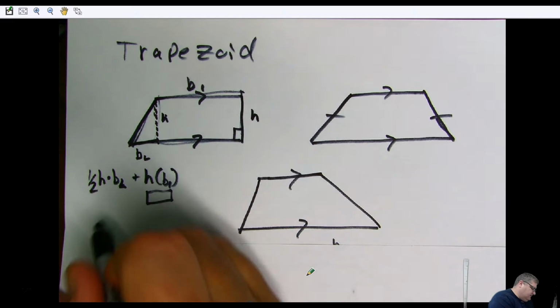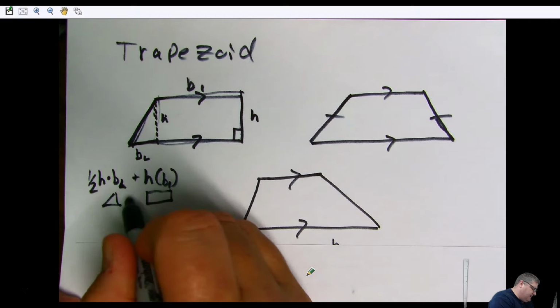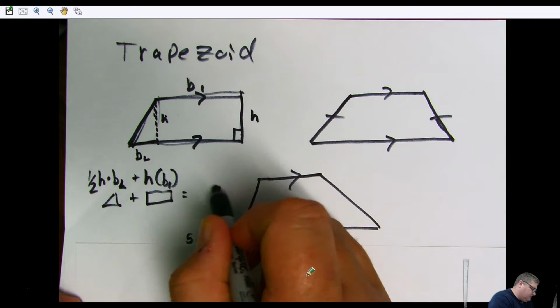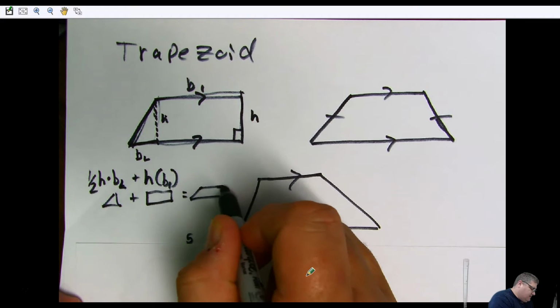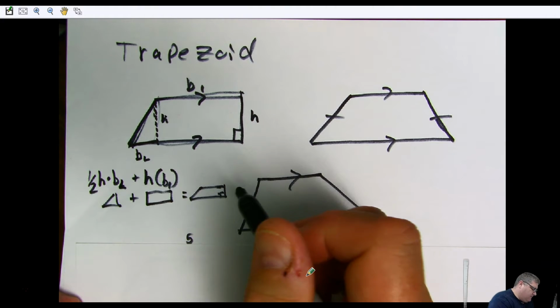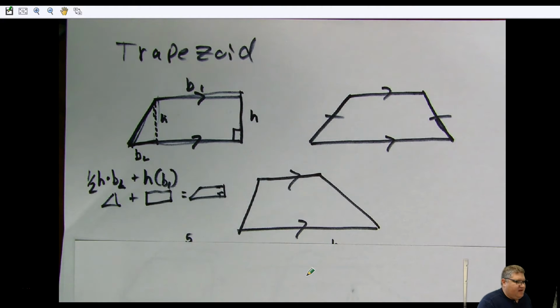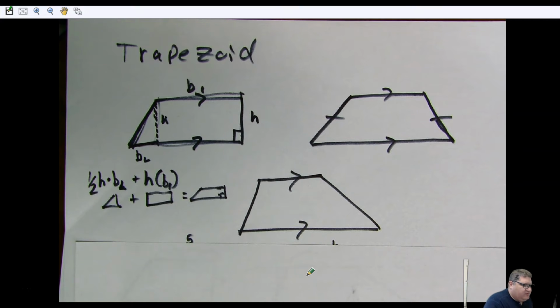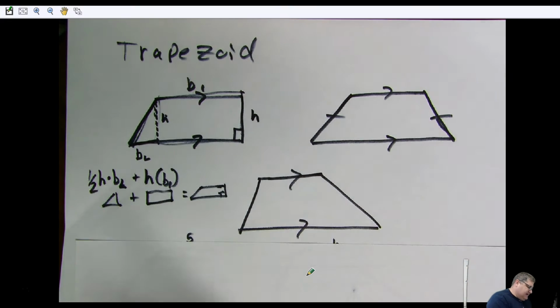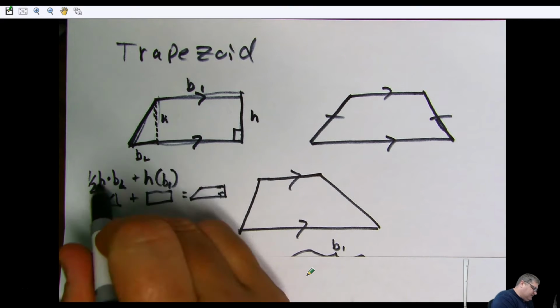Okay, and so we have triangle plus rectangle equals trapezoid. There you go.